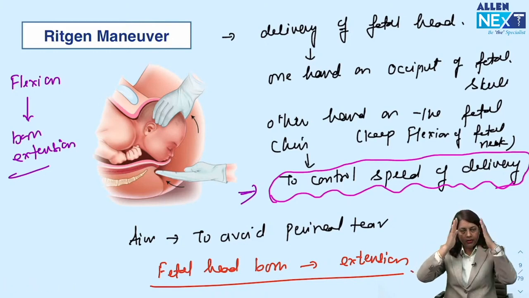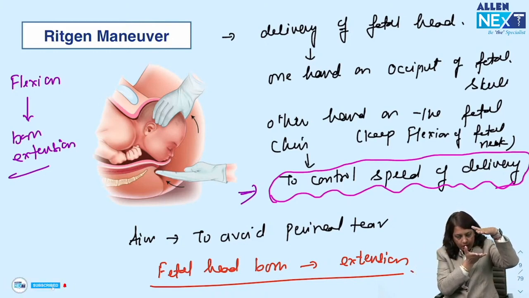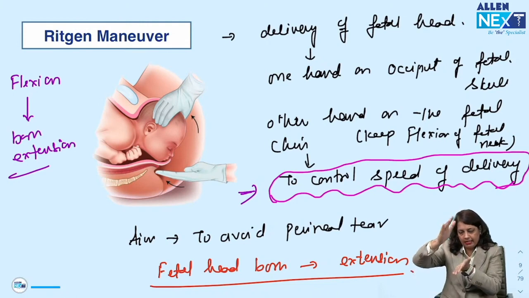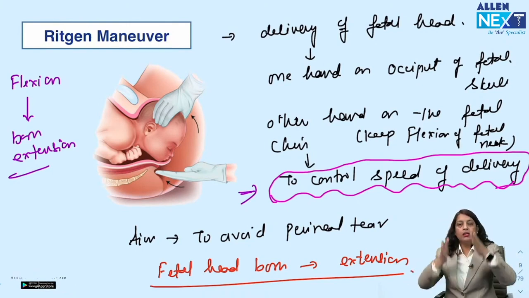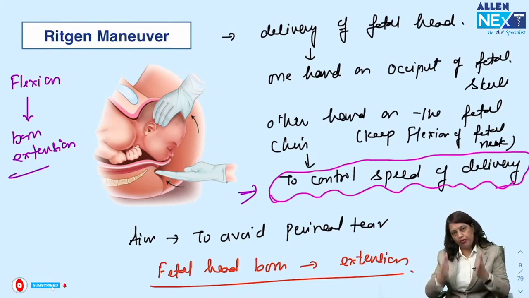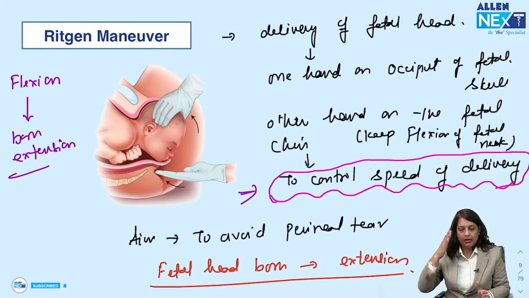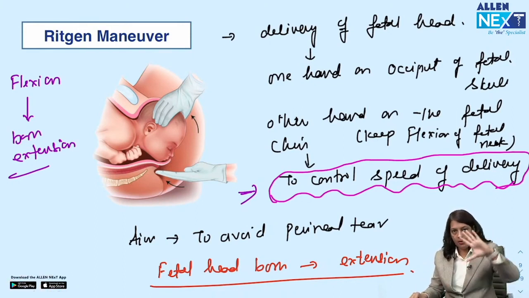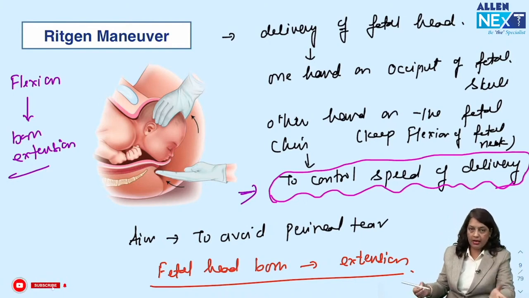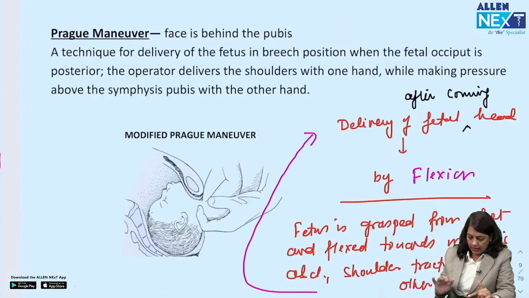So maintaining the flexion, you deliver the baby's head by extension, and adequate perineal support is given. Why this is done is to prevent the chances of perineal tear. So it is to control the speed of delivery, maintaining the flexion of the neck and delivering the baby's head by extension. So Ritgen maneuver is in normal delivery.